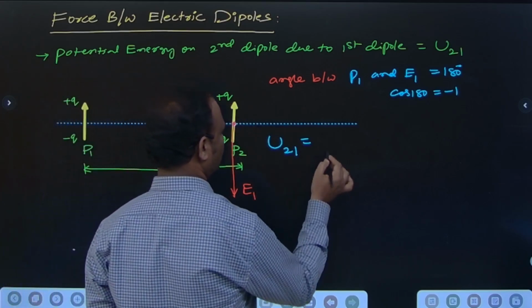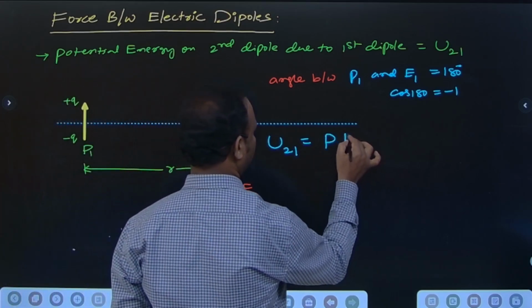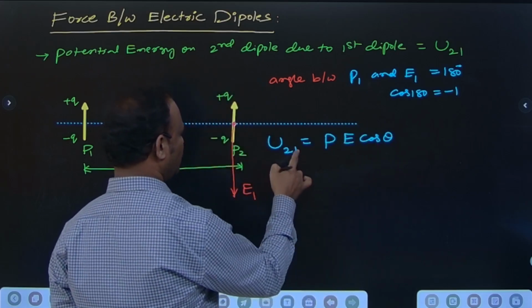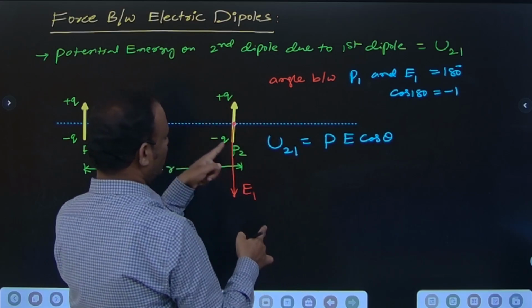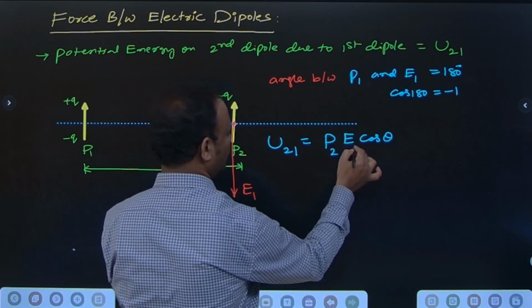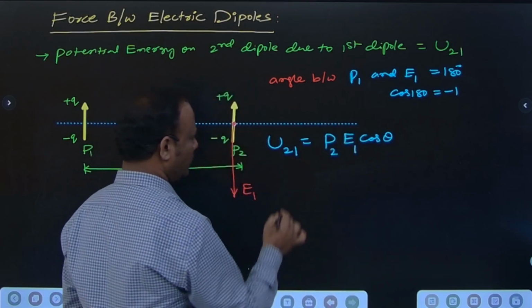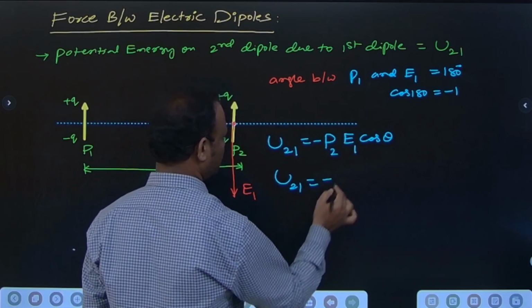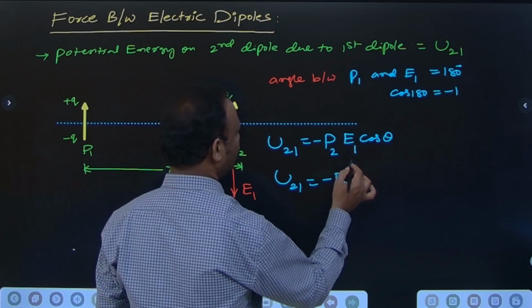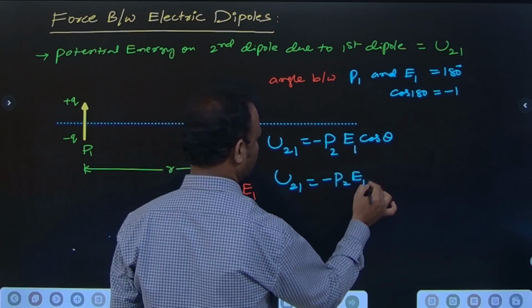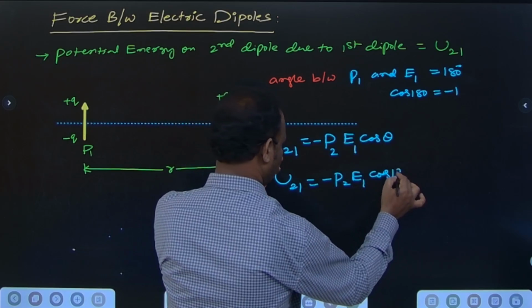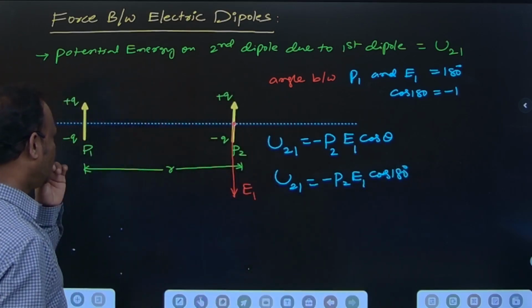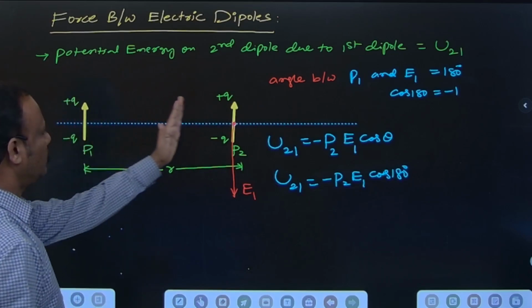The actual formula is U equals minus PE cos theta. So U21 is equal to minus P2 E1 cos 180 degrees.